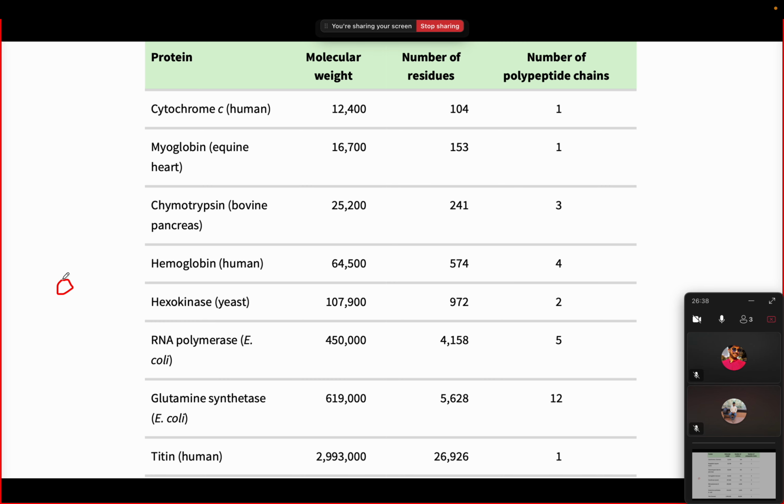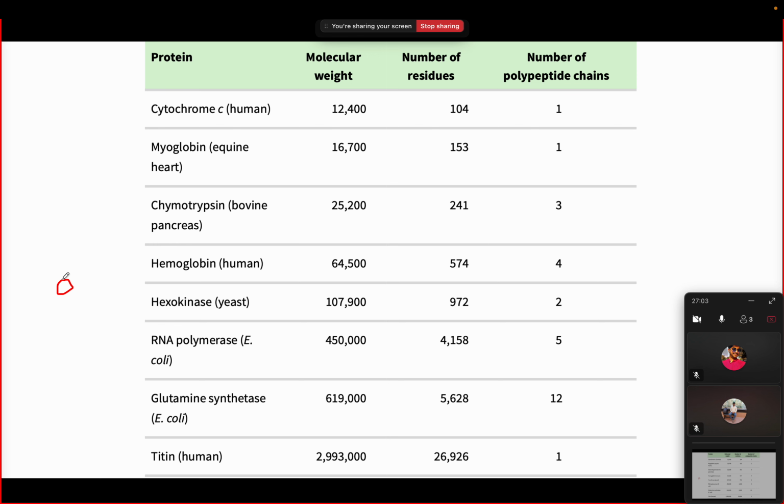To make my point more clear, you can look at the distribution of molecular weight, the number of residues, and the polypeptide chains associated with some proteins. Human cytochrome C has a molecular weight of 12,400 Dalton, and the number of residues is 104.